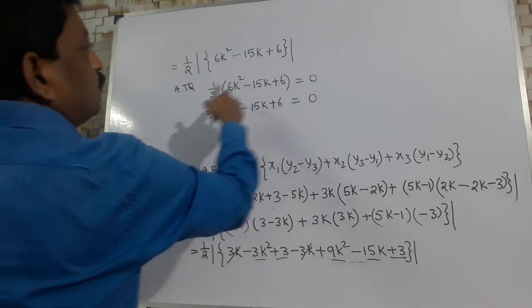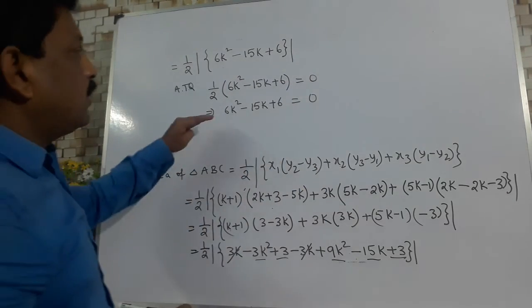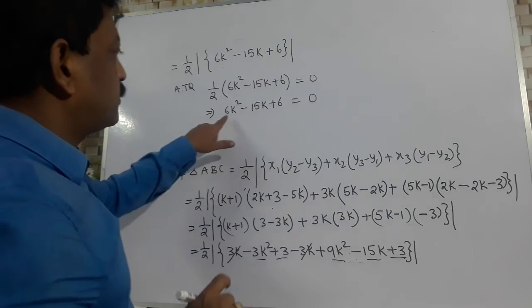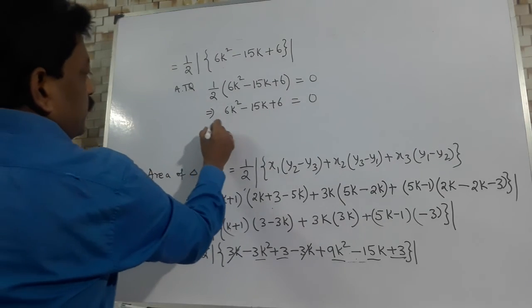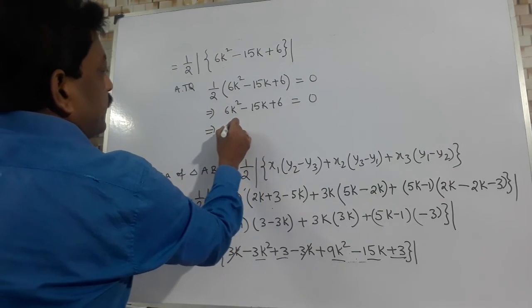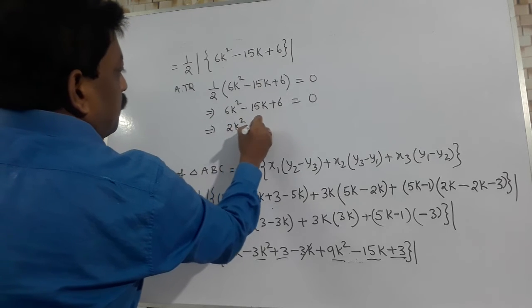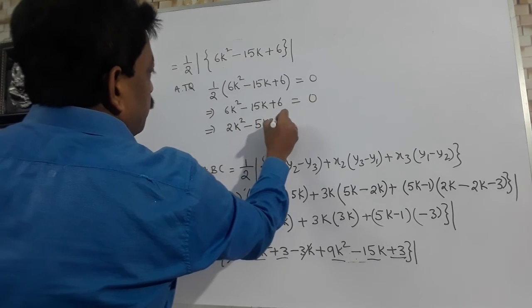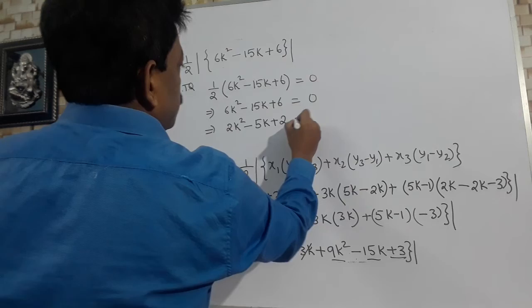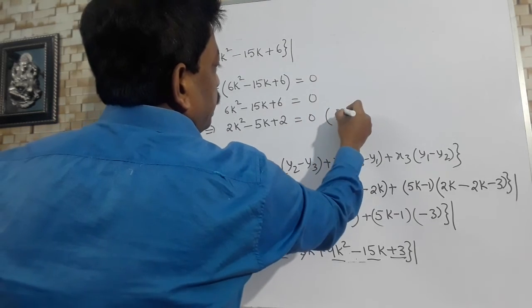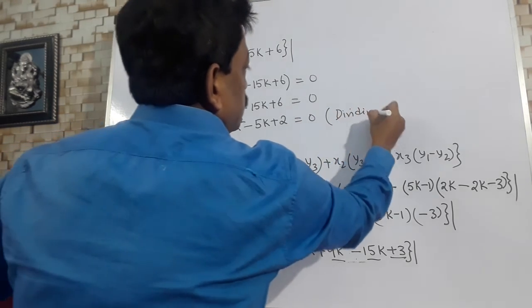This 2 multiplied by 0 is 0. Now let me divide the whole equation by 3, because 3 is common in all. So dividing by 3, it becomes 2k square minus 5k plus 2 equals 0.